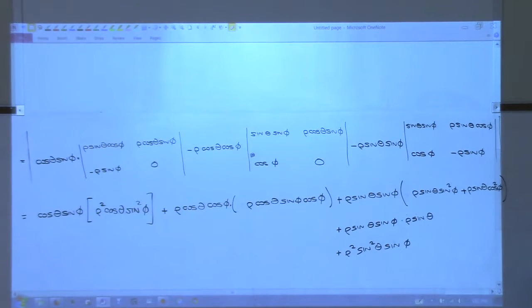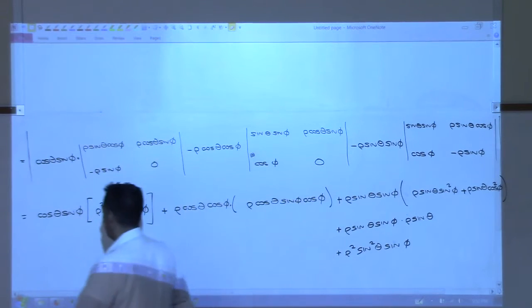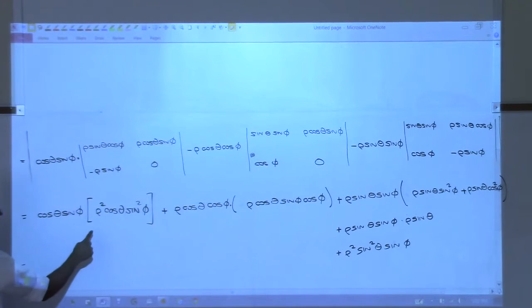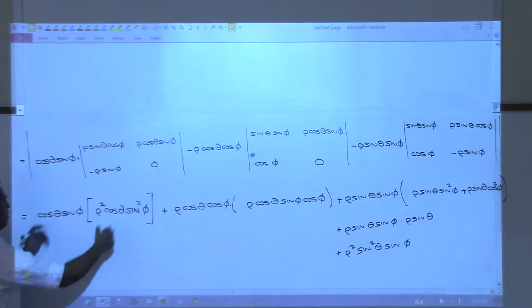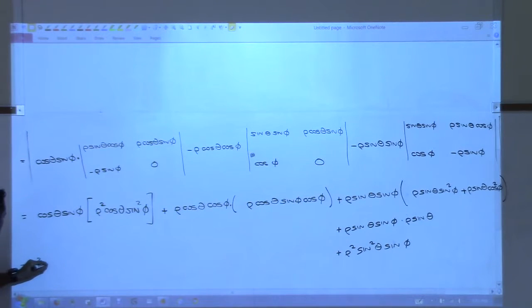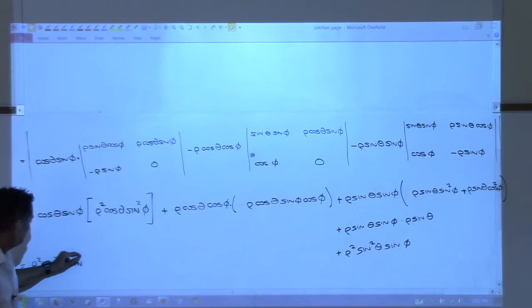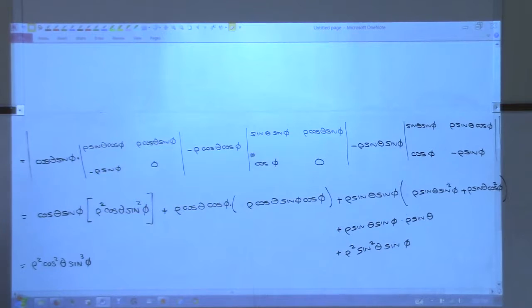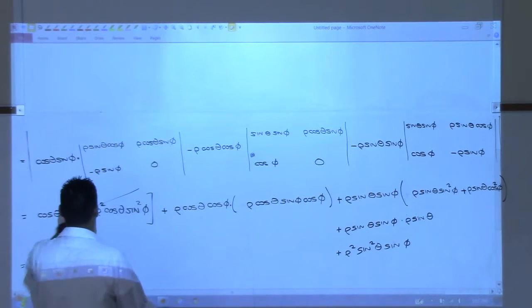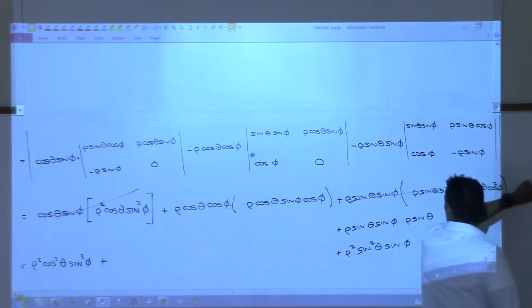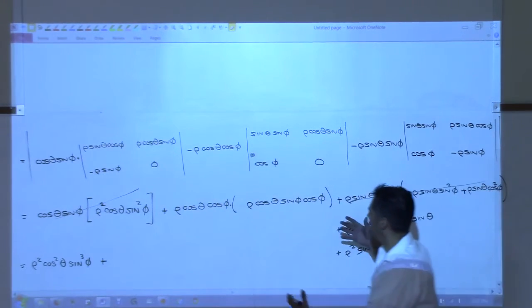Yes? Okay, let's go down here. See if there's anything going on down here. Okay, let me just clean this up. This is rho squared, because these are being multiplied, right? Cosine squared theta sine cubed phi, right? Okay, plus, that takes care of that. I've already taken care of this. That one, I'm just going to multiply again.